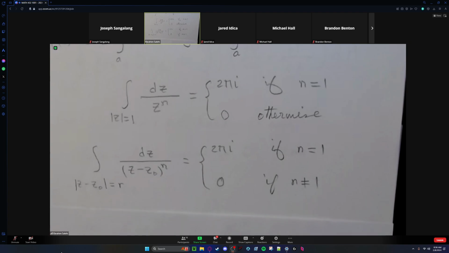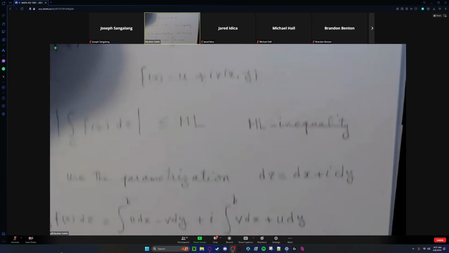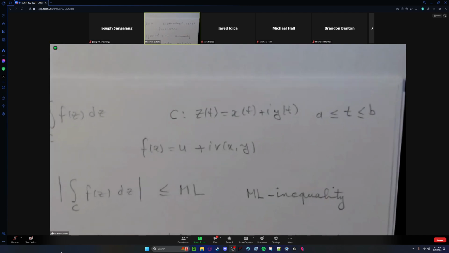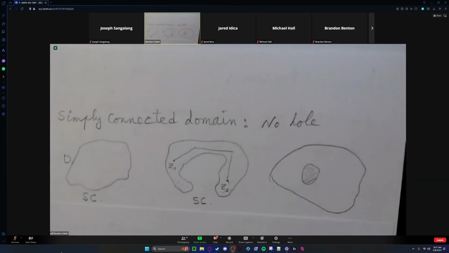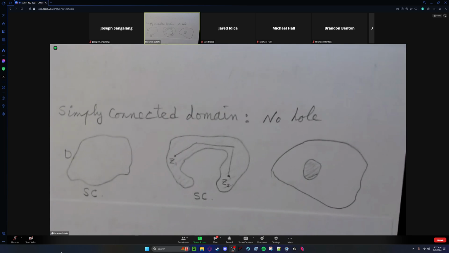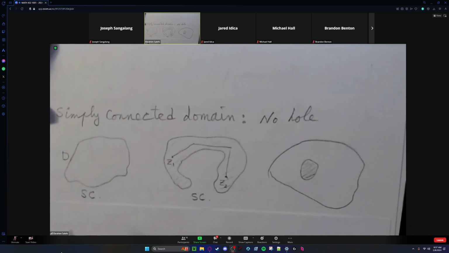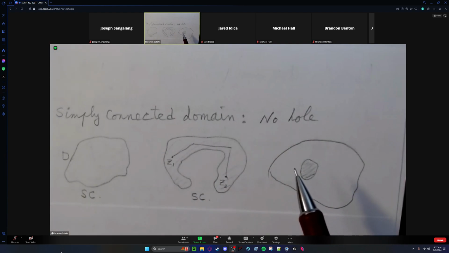Well, today, I want to talk about Cauchy's theorem, and it is a fascinating theorem, and it applies to a region that is called simply connected. So a region of the XY plane is called simply connected if there is no hole in it, all right?